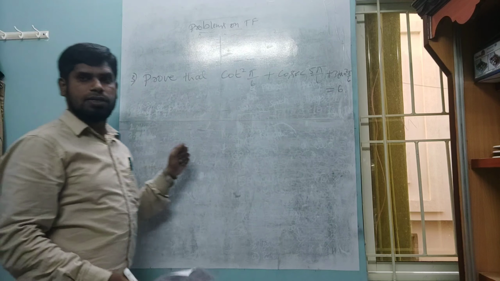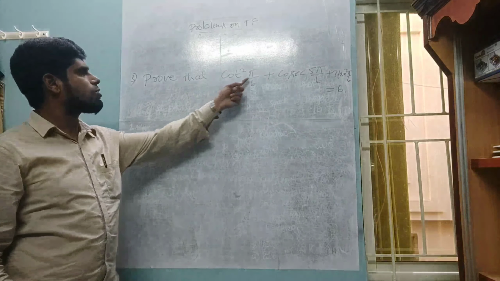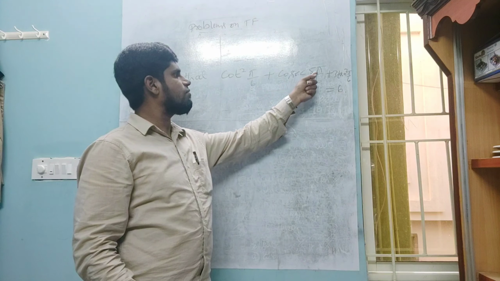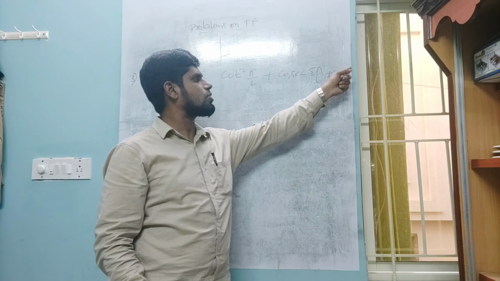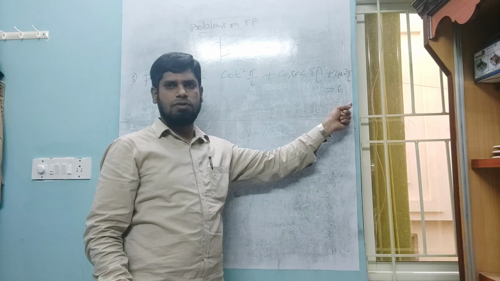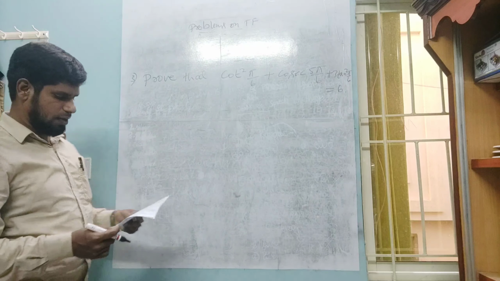So in this problem, what exactly should we prove? We should prove that cot square pi by 6 plus cosecant 5 pi by 6 plus 3 tan square pi by 6 is exactly equal to 6.